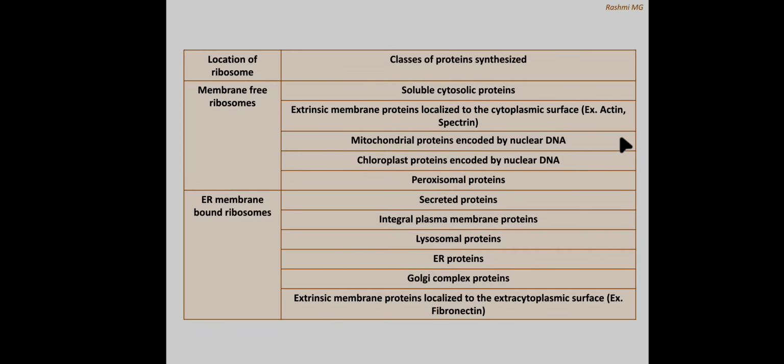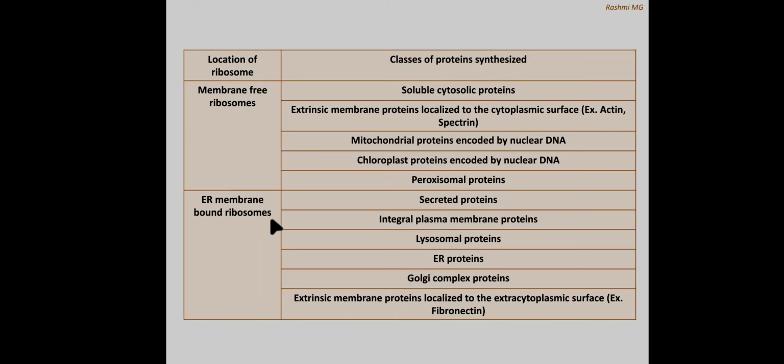Location of ribosome. This table will let you know the difference between the membrane free ribosome and the endoplasmic reticulum membrane bound ribosome. Membrane free ribosome makes soluble cytosolic protein. Here it is secreted protein. Membrane free ribosomes synthesize extrinsic membrane proteins localized to the cytoplasmic surface, and also mitochondrial protein, chloroplast protein, and peroxisomal protein.